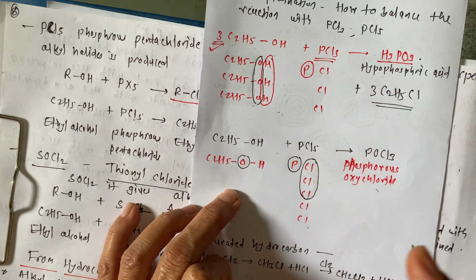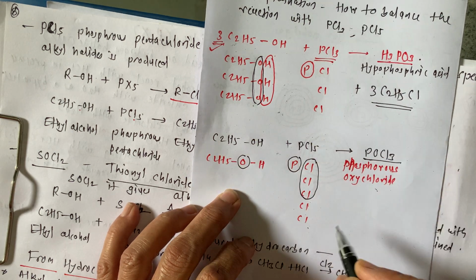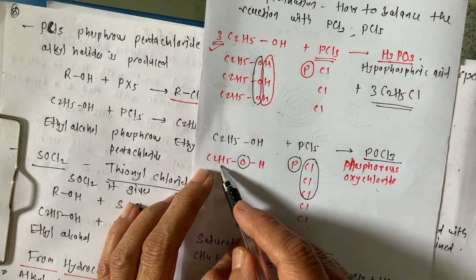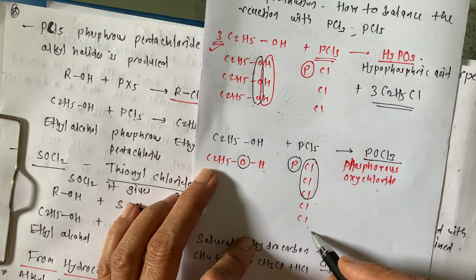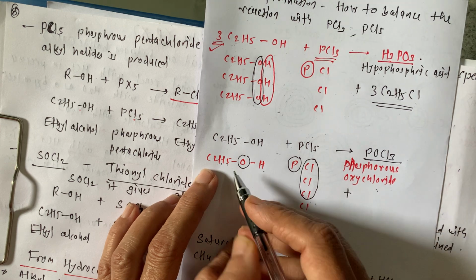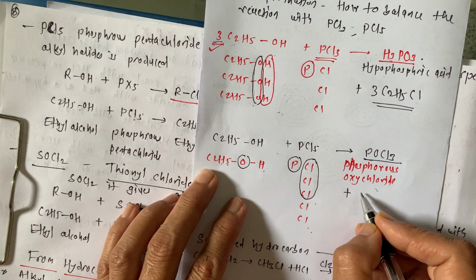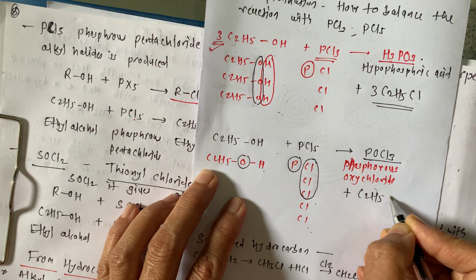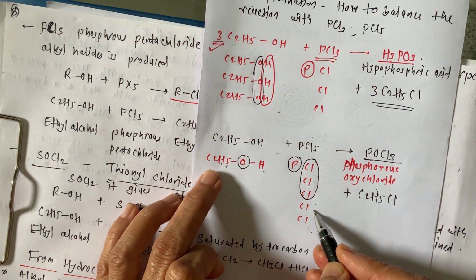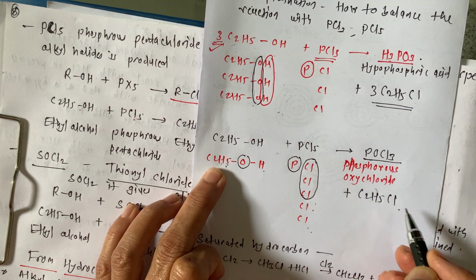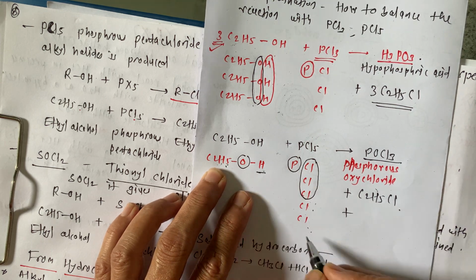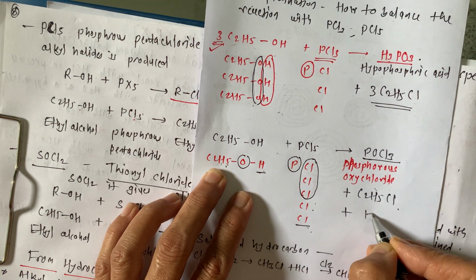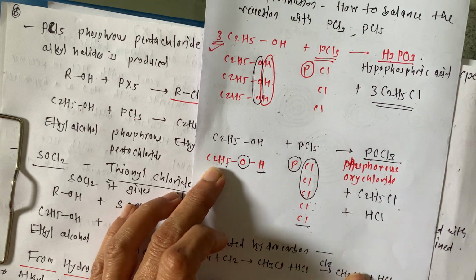You remove this. So we removed POCl3. What is remaining? Remaining is C2H5, 1 H and 2 chlorine atoms. So what is going to form? First of all, C2H5Cl. This C2H5, this Cl. There is formation of C2H5Cl. Now what is remaining? 1 hydrogen and 1 chlorine, so the byproduct is HCl.